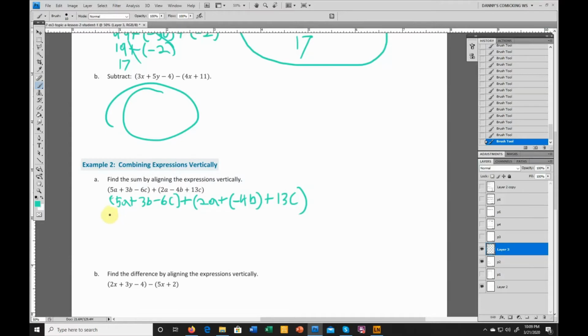Now with that, what we can do is we can go ahead and line up our like terms. 5a, 2a, and we create a plus right here. I'm going to go ahead and put a line down so that we know what we're doing.